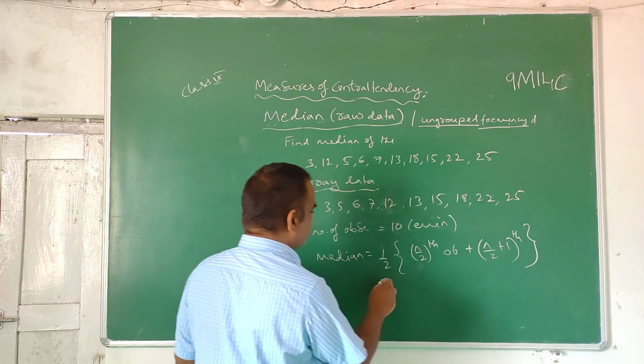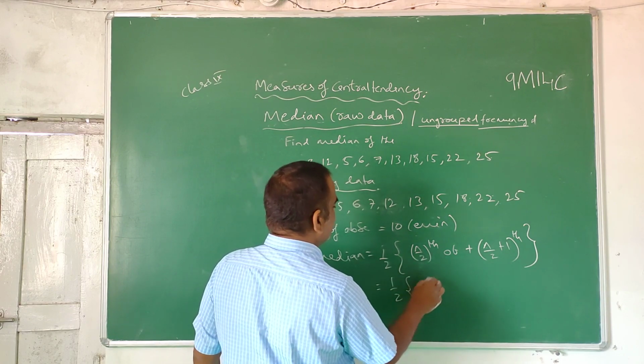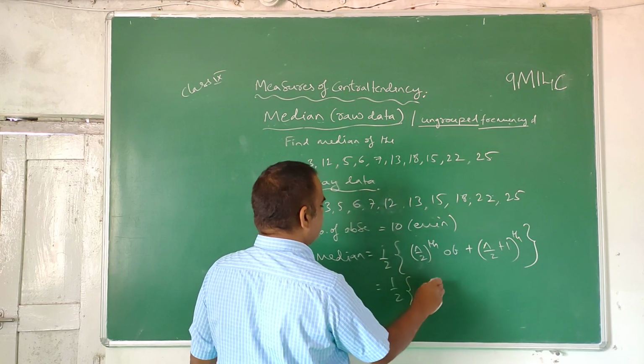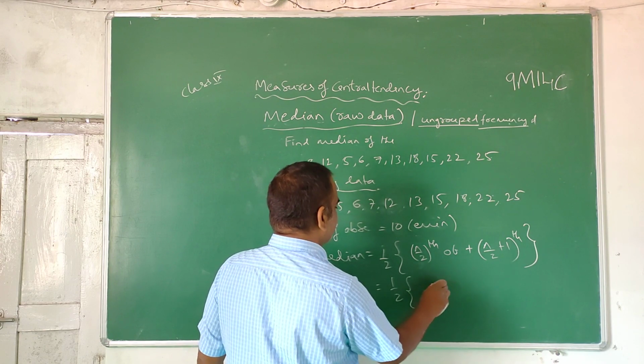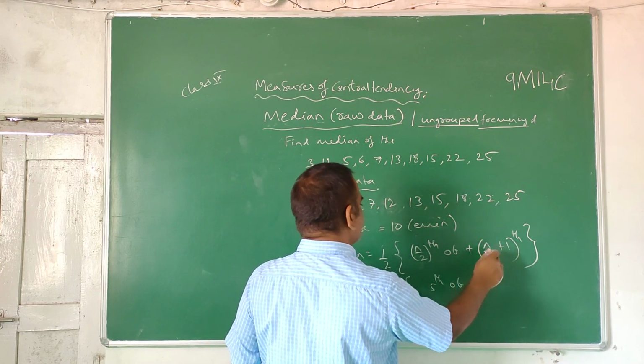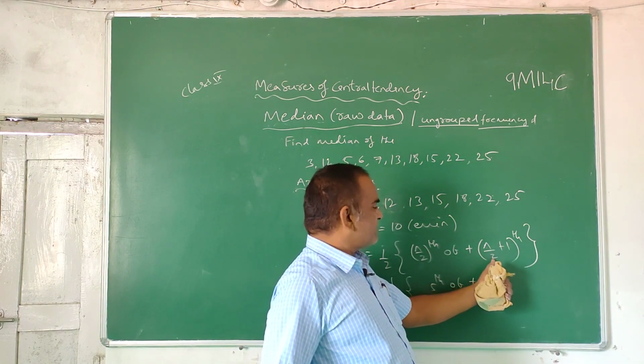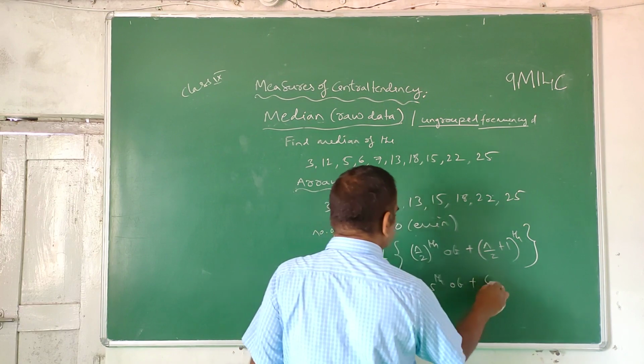Here n is 10, so 10/2 is the 5th observation, plus 5 + 1, the 6th observation.